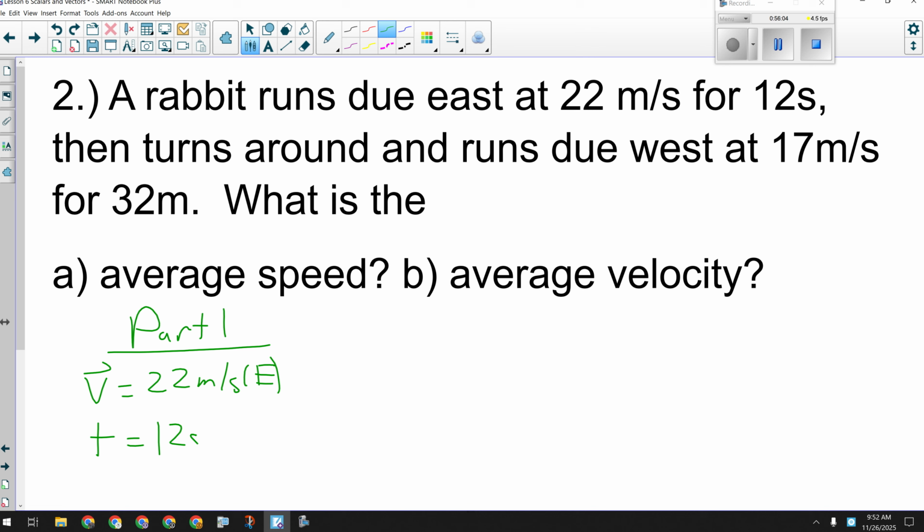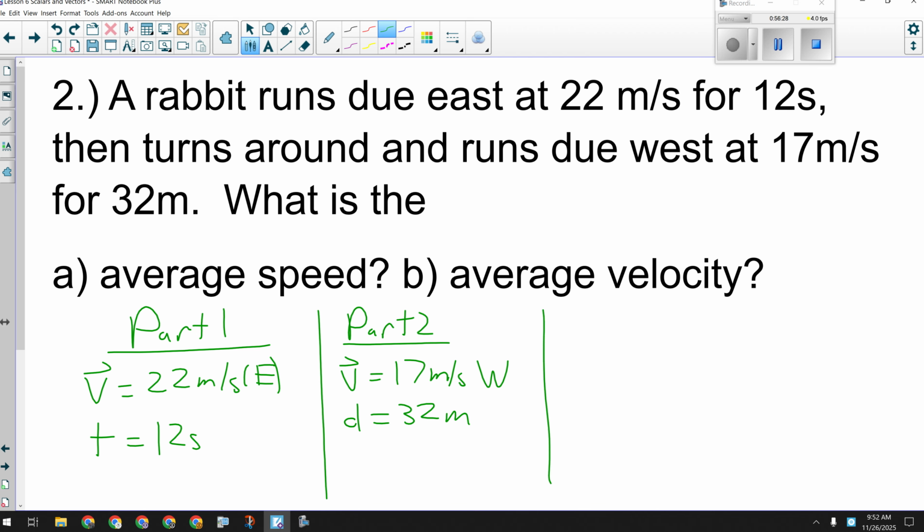So they gave me a time for part one. Then in part two, it runs due west at 17 meters per second. So our velocity is 17 meters per second west, and it does that for 32 meters.